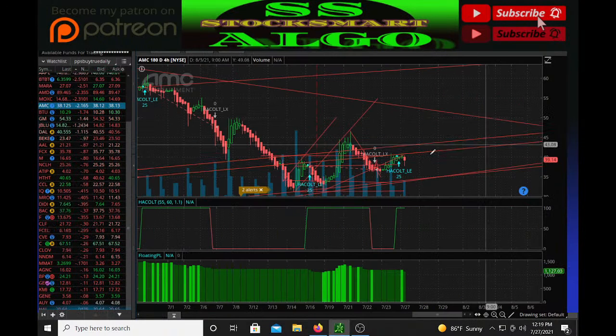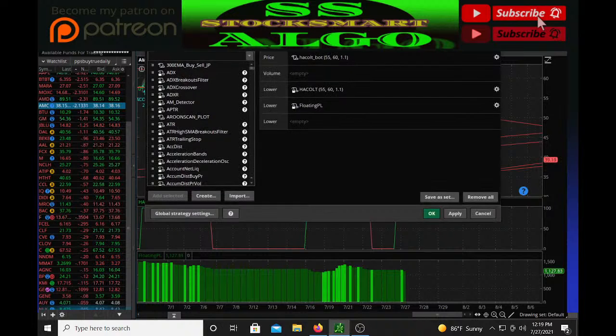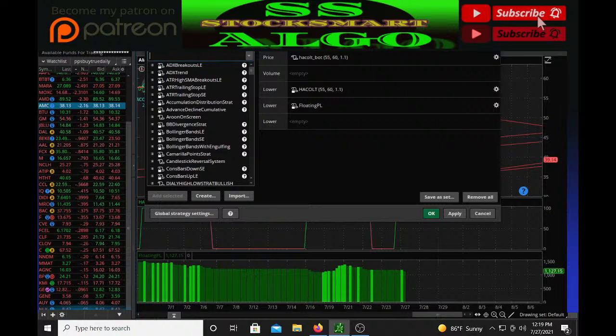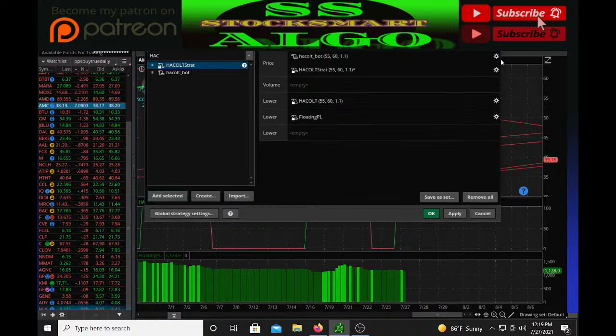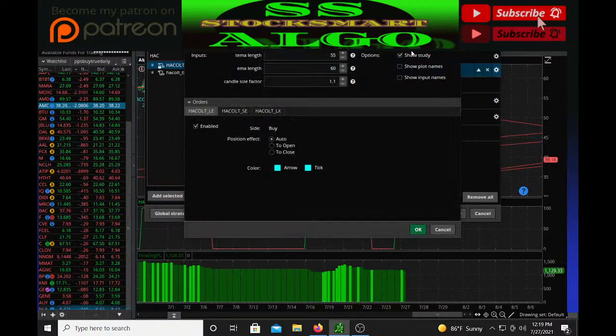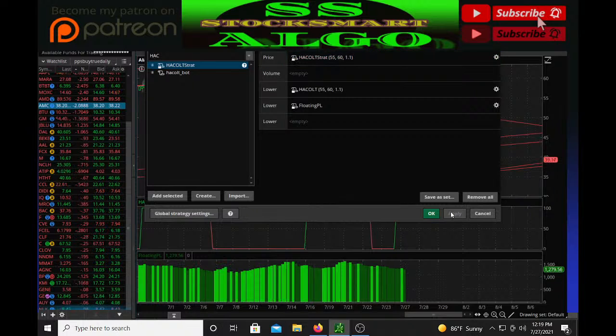Now, given where we see our signals come in here, we'll pull up our other HA Colt, the other strategy. All right, that one's 122222.